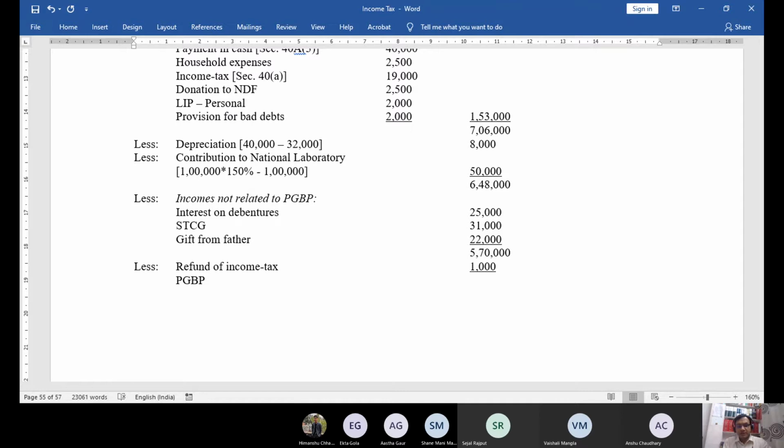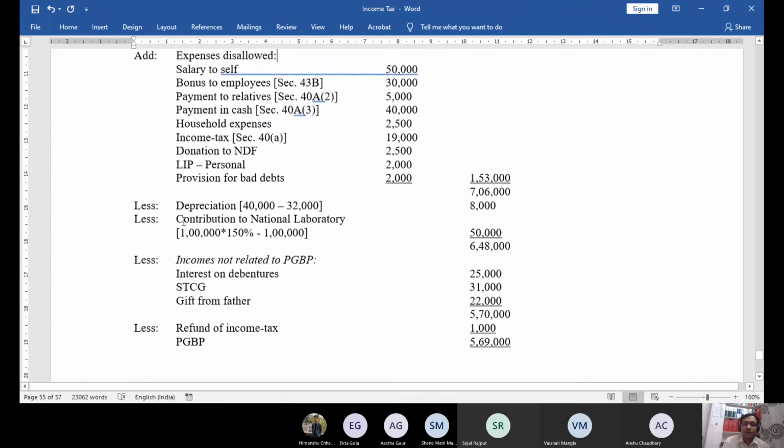PGBP. Are you also getting the same answer? Please check the total yourself. Are you also getting the same answer? PGBP as per normal provision.